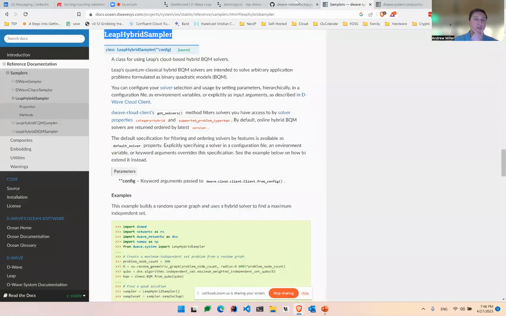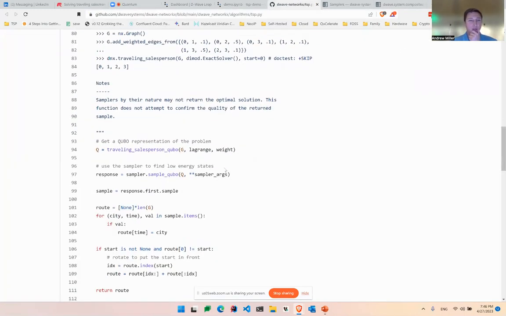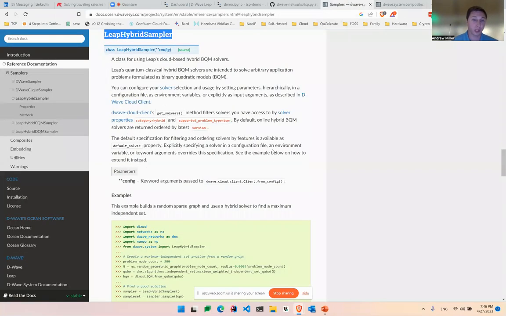Oh, I see. So this is where knowledge of the source code comes in. It should be going into sample QUBO for the sampler, but my guess is this is just an unsupported feature, or maybe I'm not doing it right.